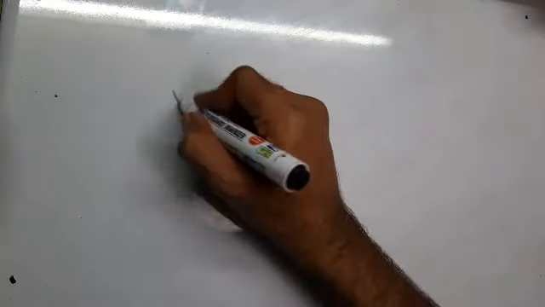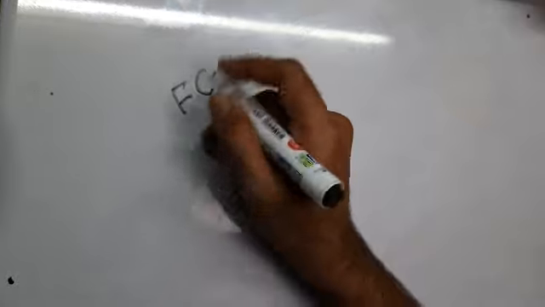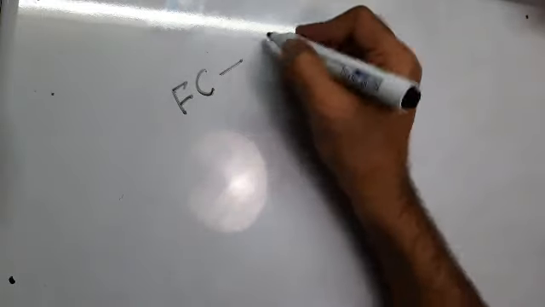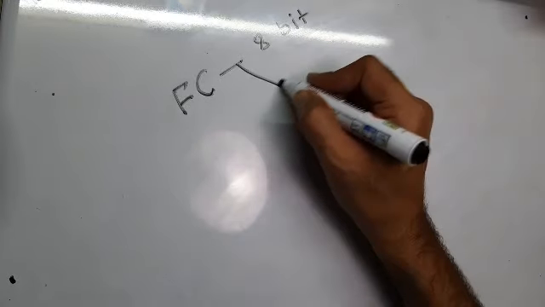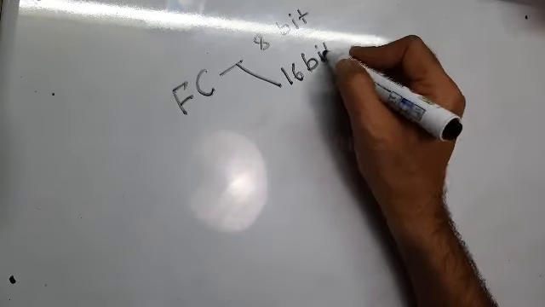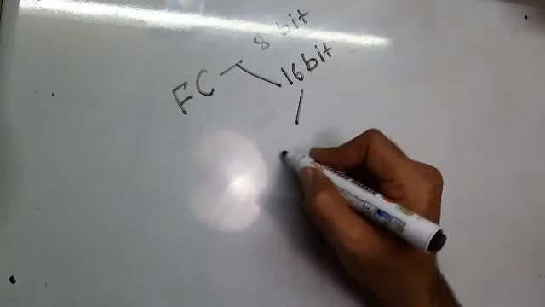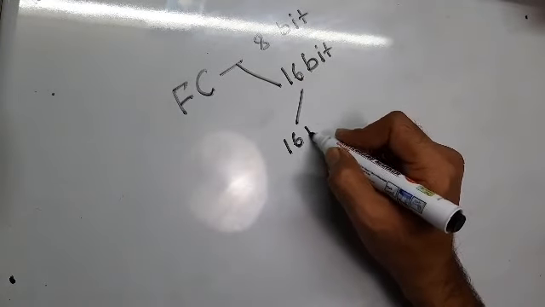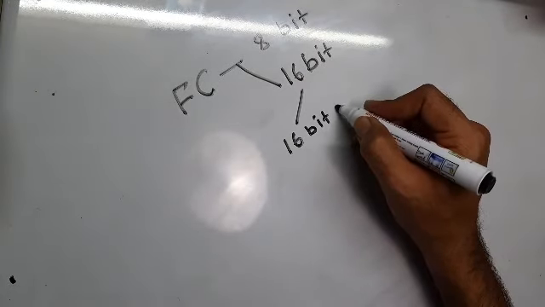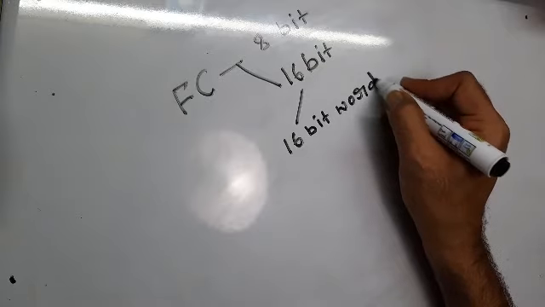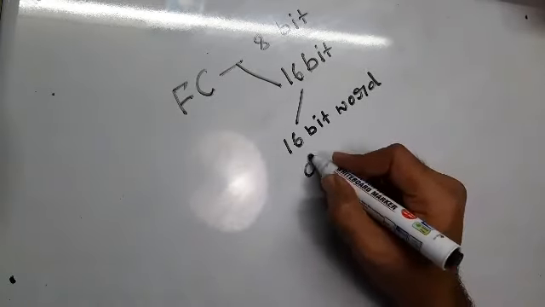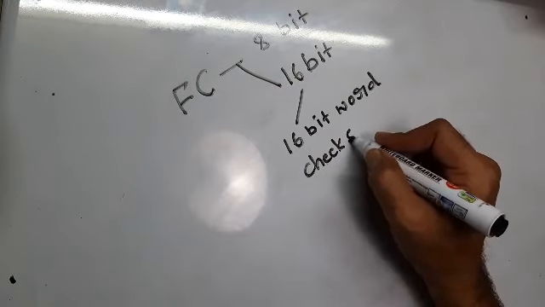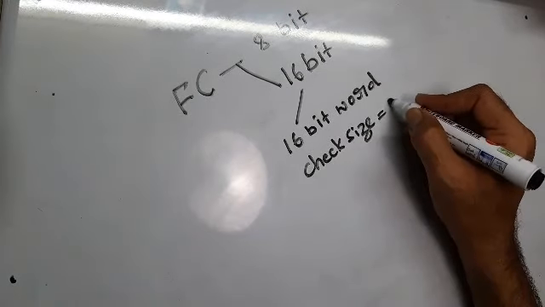So Fletcher's checksum, I'll write it in short as FC, has two versions, 8-bit and 16-bit. In the 16-bit version, the word size is 16-bit, and the checksum size is 32-bit.